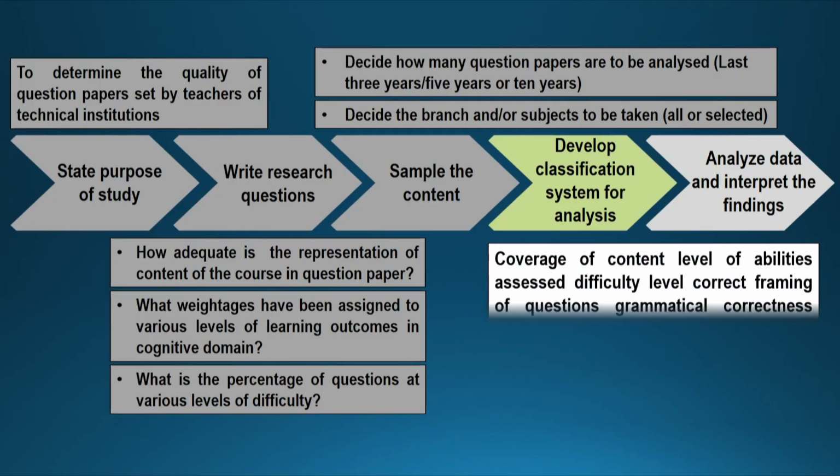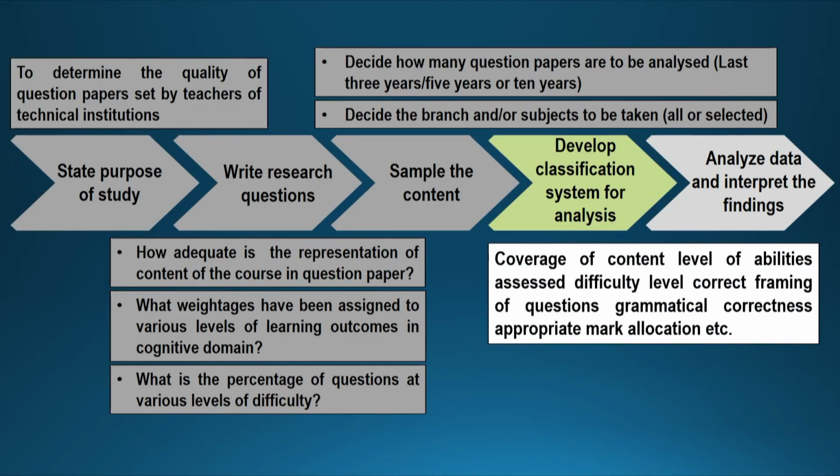So coverage of content may be one, level of abilities assessed may be another, difficulty level of the questions can be another classification, correct framing of the questions, grammatical correctness of the questions, appropriate mark allocation, and so on. This is how you are going to decide about the categories of classification.